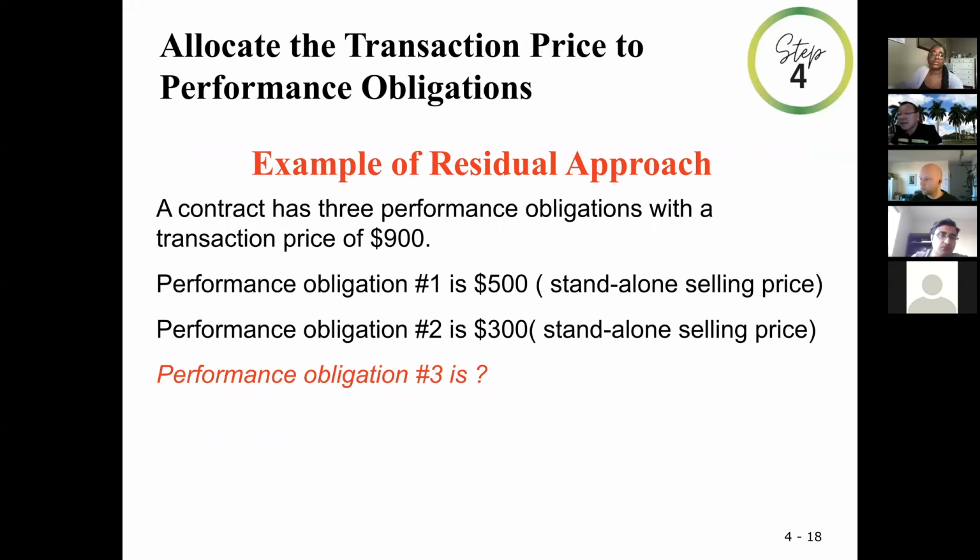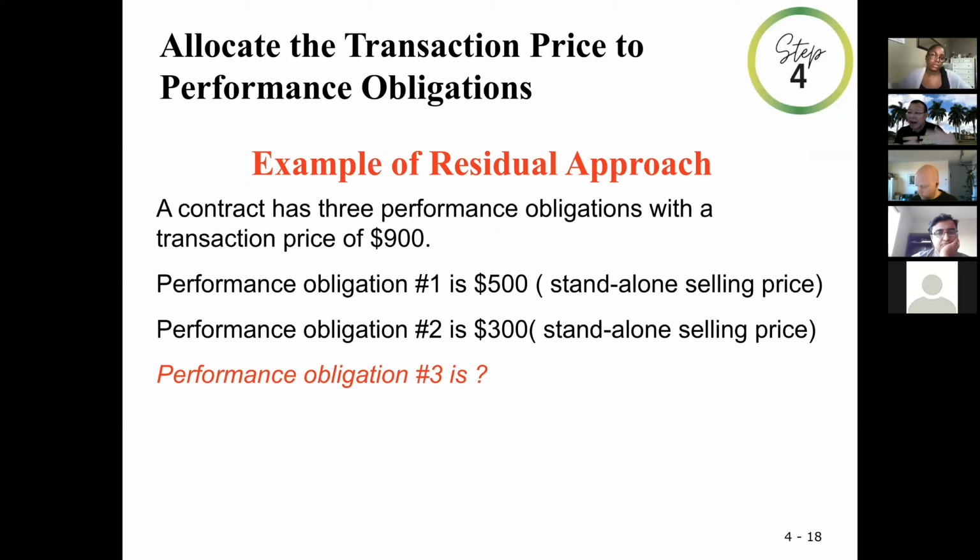So this is one example of the residual approach. Suppose one contract have 3 performance obligations, and the total transaction price is $900. Performance obligation 1, if you only buy this service, the standalone selling price is $500.